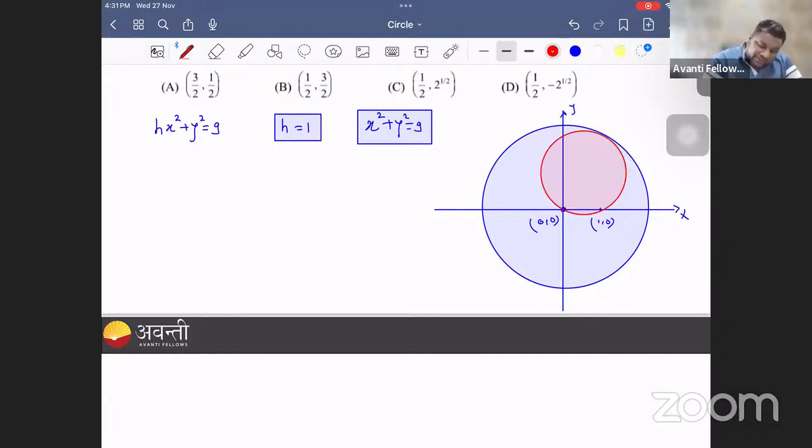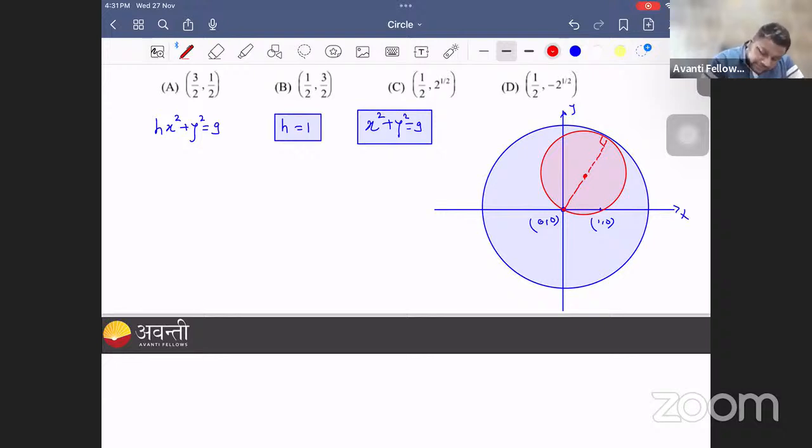The distance between their centers, its center is this, its center is this, should be equal to the difference of their radii. Am I clear? Distance between their centers should be equal to the difference of their radii.